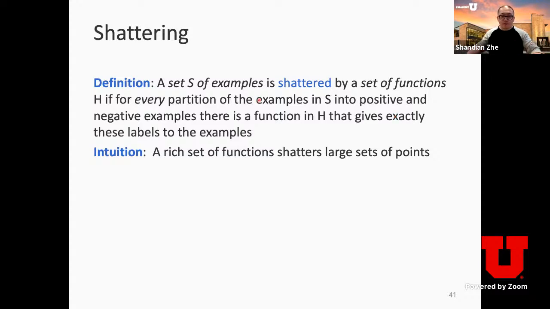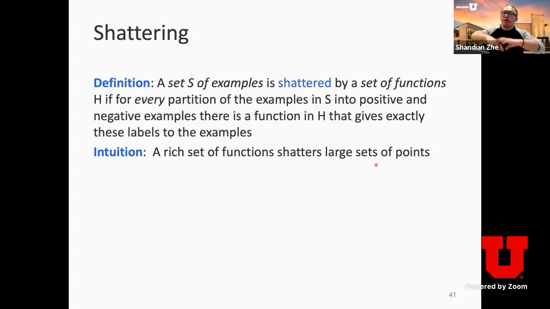From shattering, intuitively, we can imagine that the richer the set of functions is, the more likely your H can shatter a larger set of points. You can imagine that for 14 points, if you only have linear classifiers, you cannot shatter them, because for some weird and complex mix of labelings, you will never find a line to separate positive and negative samples.